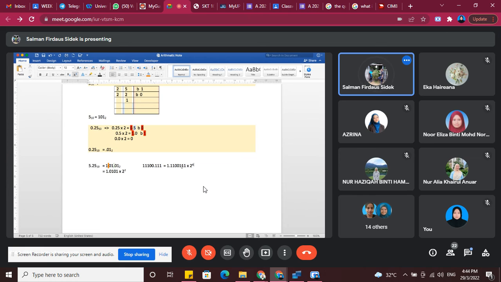This is the first step. You just move the point to the front until you find the first one digit, and you times it with base 2 and the power of how many you jump. This one is an example. Kemudian the next step.